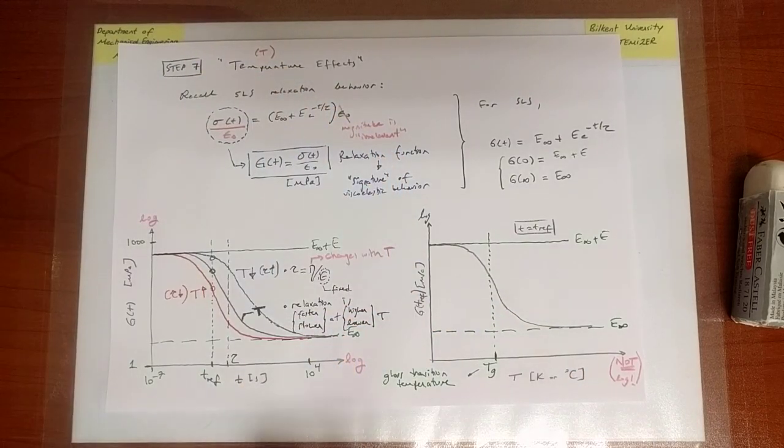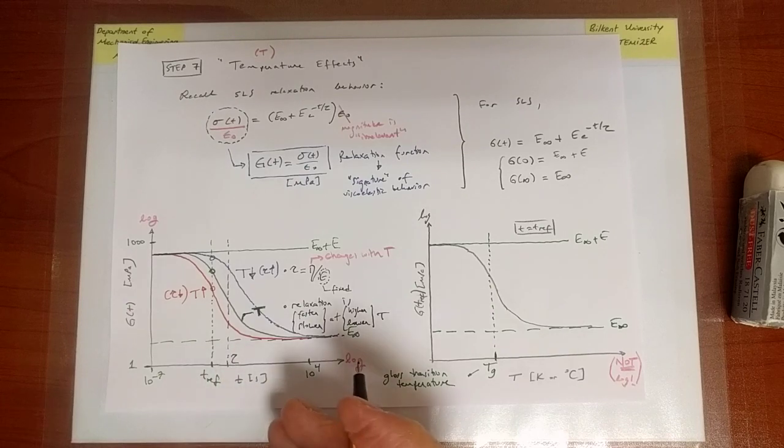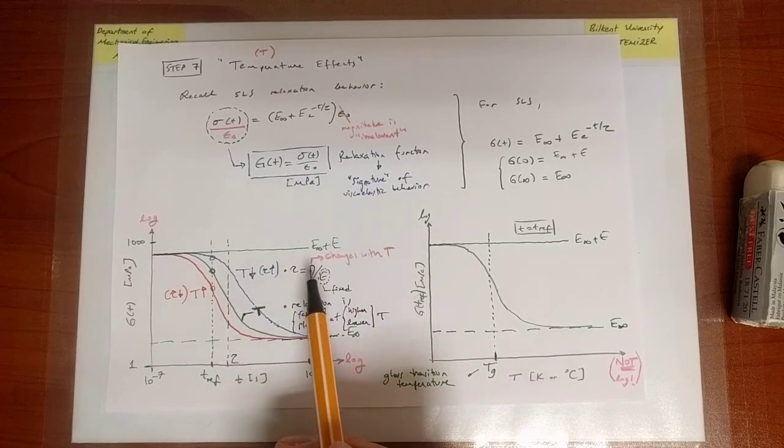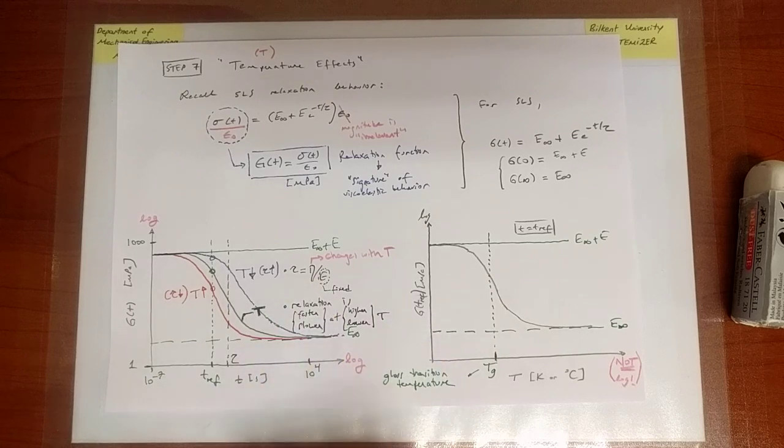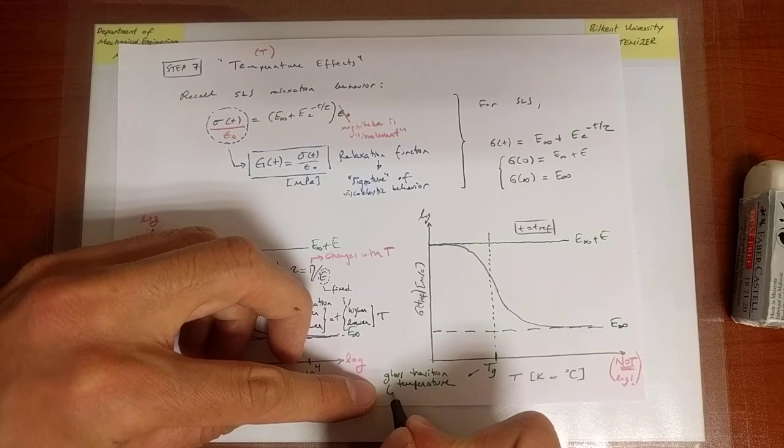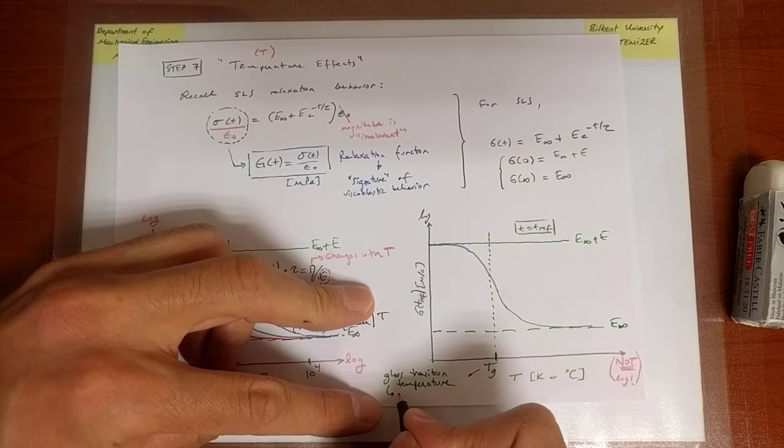And its value, just like the characteristic response time tau depends on the polymer, depends on the values of eta and E that are associated with that polymer. The glass transition temperature is also a polymer property. So different polymers have different values, and they could be very different.